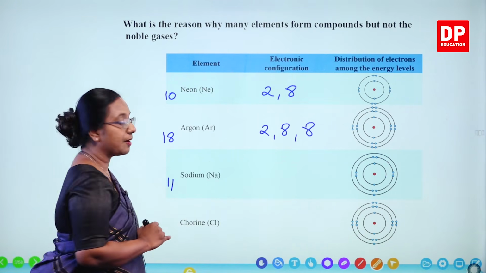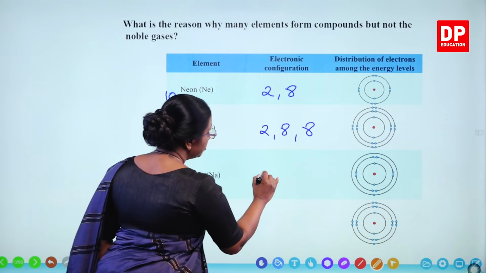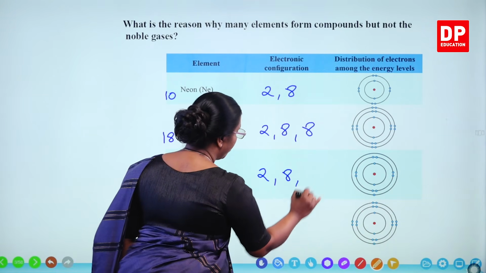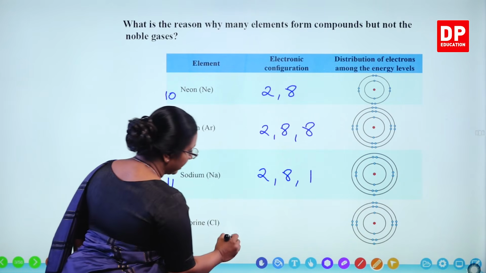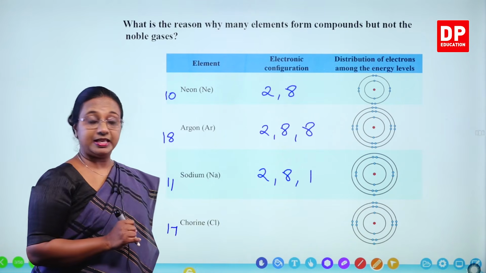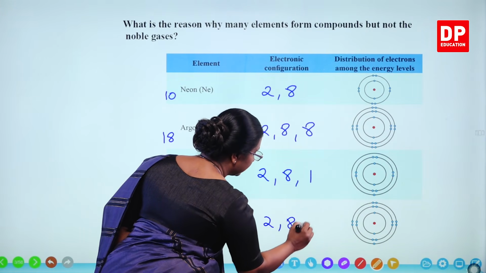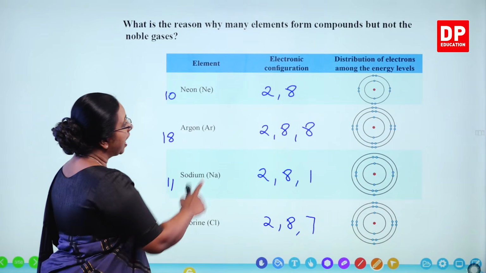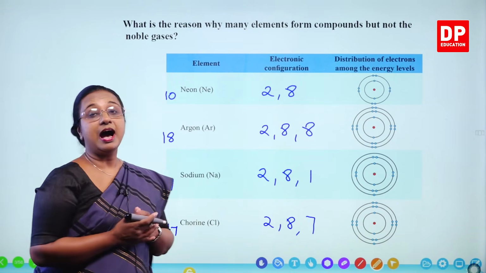Sodium has atomic number 11. So what is the electronic configuration? 2, 8 and 1. The same way, if we take chlorine, it has atomic number 17 and the electronic configuration is 2, 8, 7.